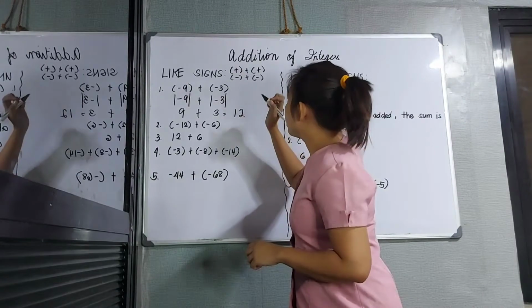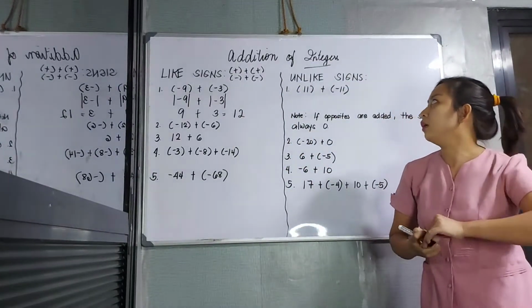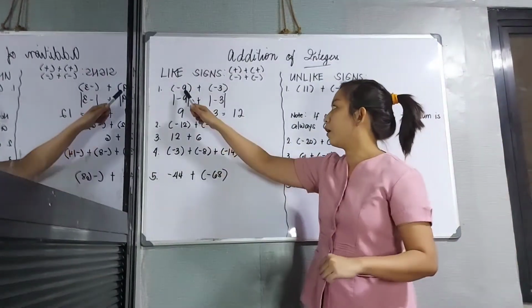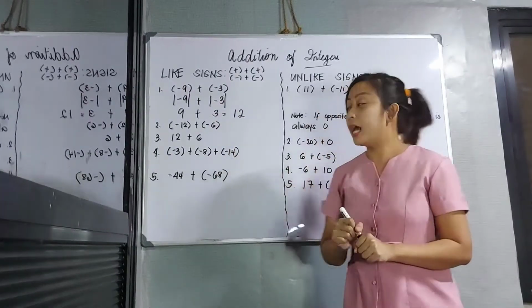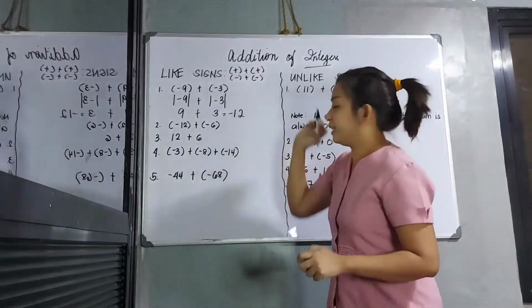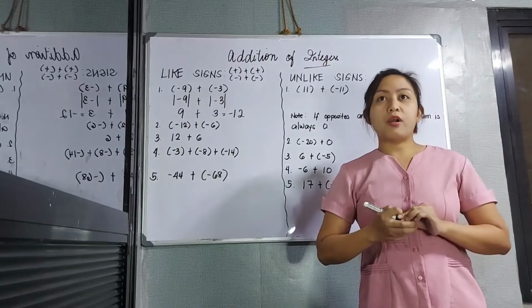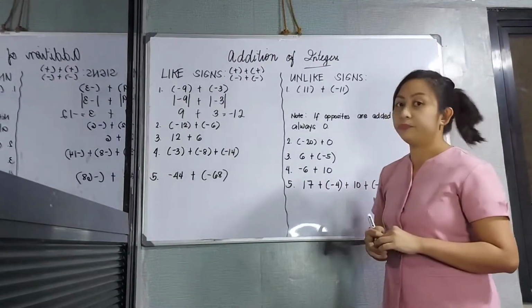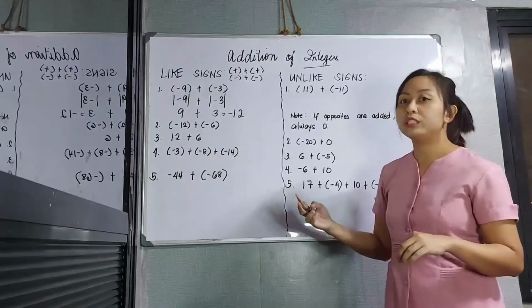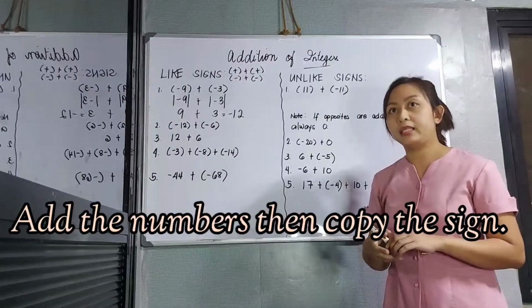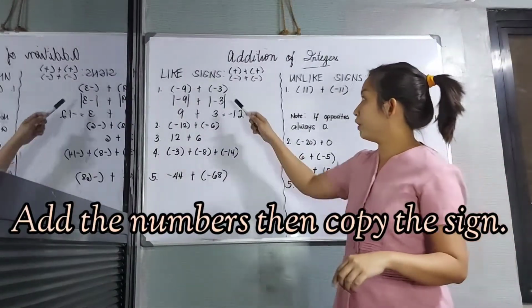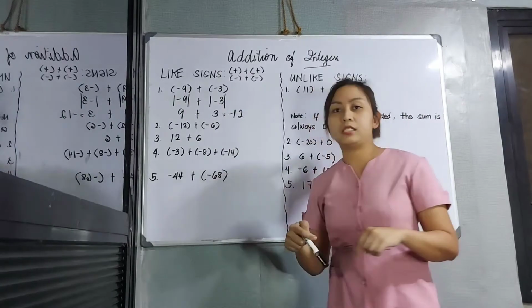Now, applying the rule, since we have two negatives here, the answer is also negative. So, what is our rule in adding like sign? We just add the numbers, then copy the sign. If the given are two negatives, the answer is negative.